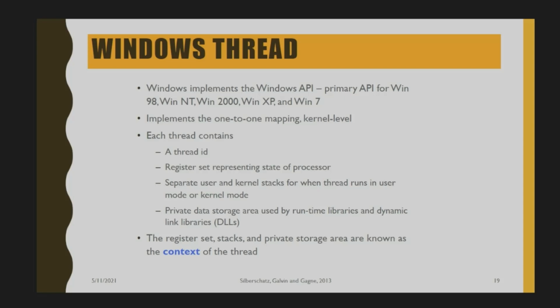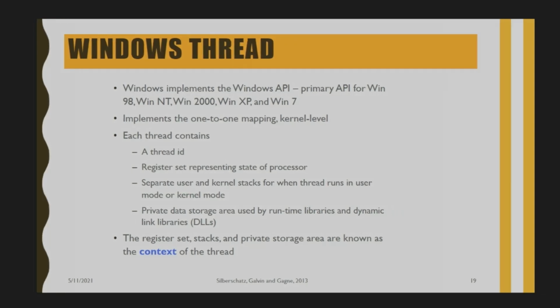The register set, the stacks and the private storage area are known as the context of the thread. That's why when we talk about the thread, we mentioned that it's the basic unit of CPU utilization, and it comprises the thread ID, the program counter, the set of registers, and the stack. This is based on the Windows thread.